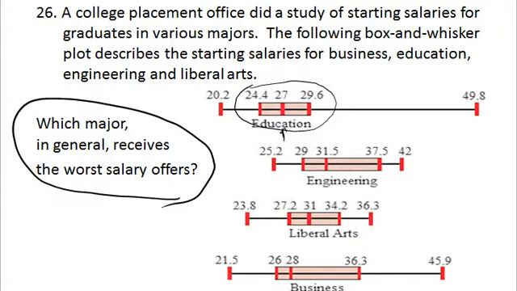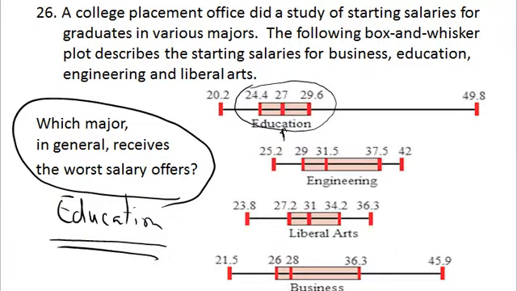In other words, between Q1 and Q3, education falls well below any of the others. So it's just a visual scan. You can easily see from this data that education in general receives the worst salary offers.